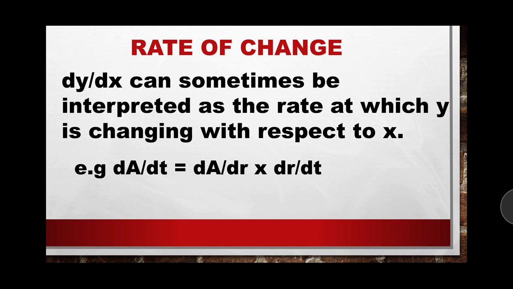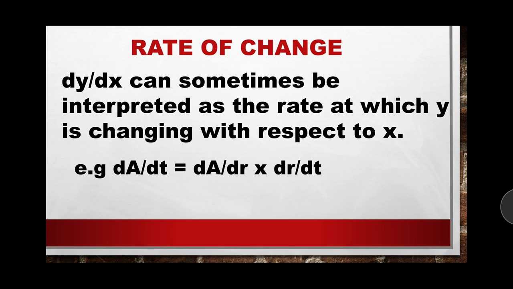So if you look at this equation you are seeing on the screen, you notice that the dr and the dr can cancel out, so we still have our dA/dt. So this is the kind of thing we do in rate of change.